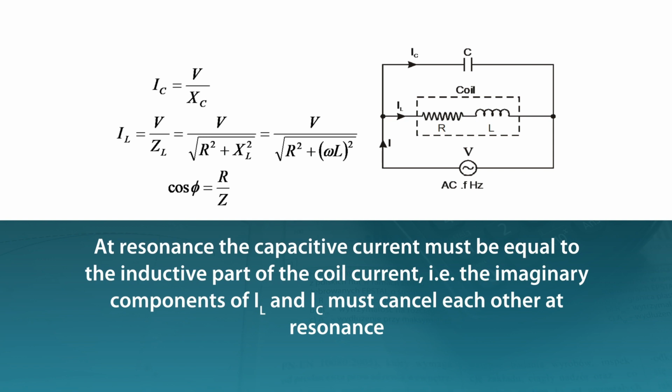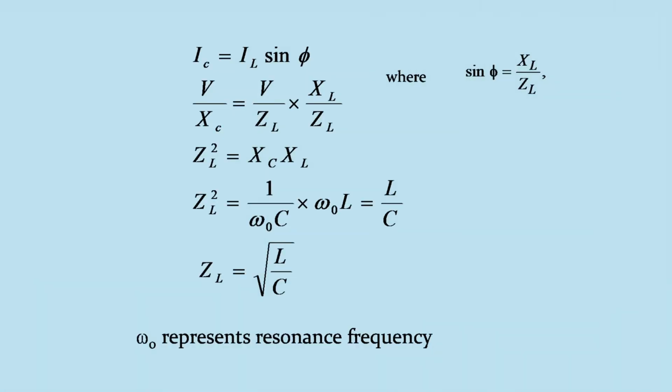At resonance, the capacitive current must be equal to the inductive part of the coil current, that is, the imaginary component of IL and IC must cancel each other at the resonance condition. So you can write like this: IC is equal to IL sin phi, where sin phi can be written as XL upon ZL. Just put the value of IC.